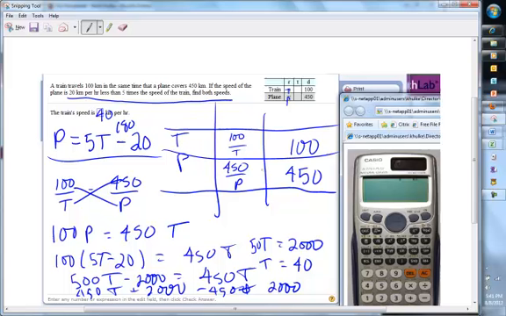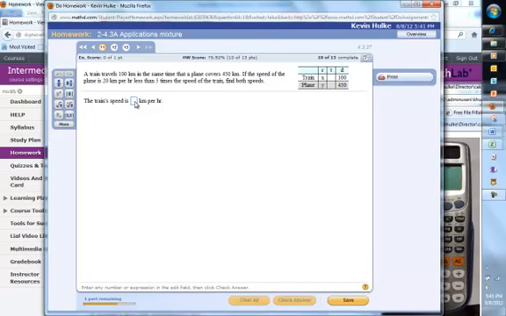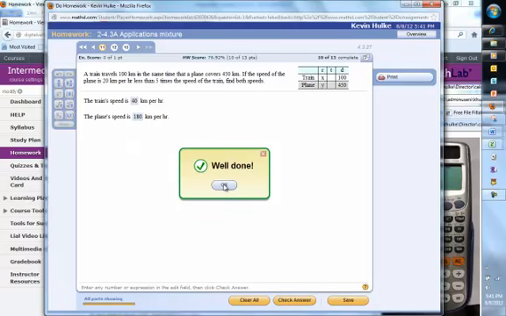So 40 and 180 are the two speeds there. 40 and 180. All right.